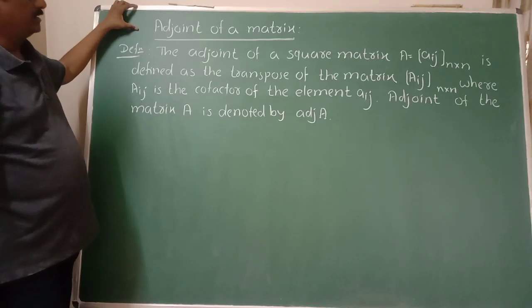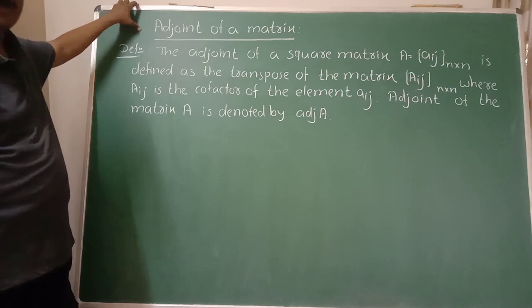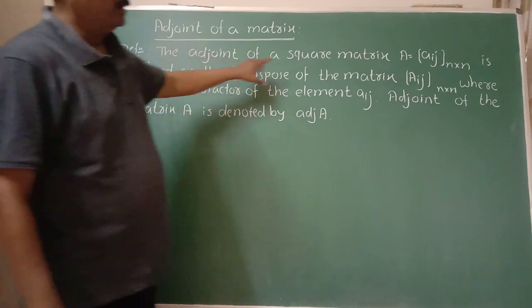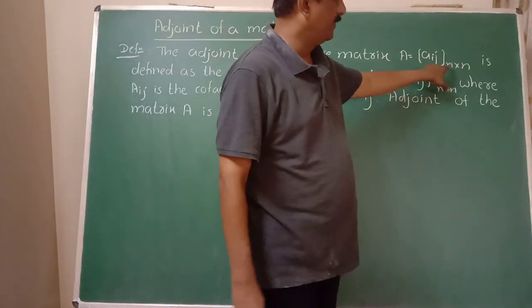So the next definition, adjoint of a matrix. Adjoint of a square matrix A equals Aij of order n into n.